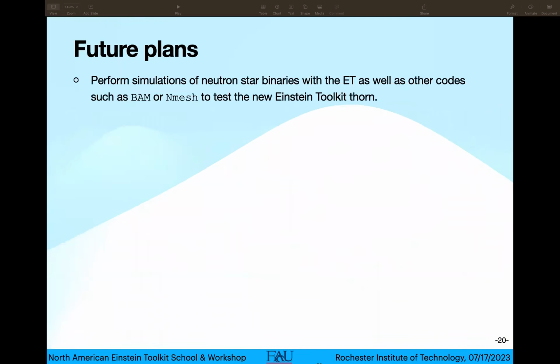And there is, of course, the plan to do some science. We would like to redo the simulations I just presented with a better resolution. We would like to compare these Einstein Toolkit results with other codes, for example BAM or NMesh, which are also able to perform time-dependent general relativistic hydrodynamic simulations. All of this is in progress.